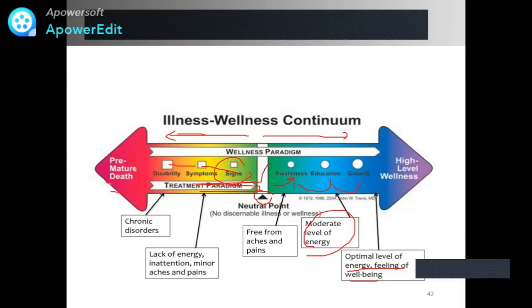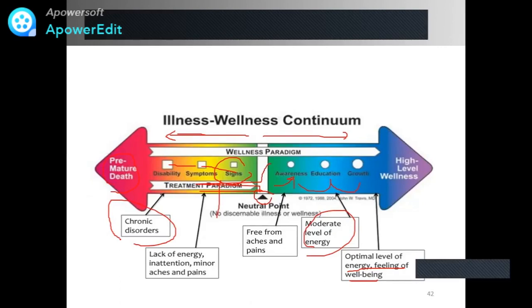Lack of energy and attention, minor aches and pain are presented at the first stage here. Then that is negative health, and chronic disorders, permanent illness are presented at the serious level.